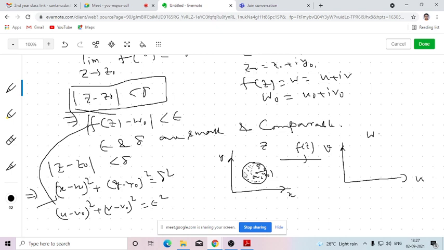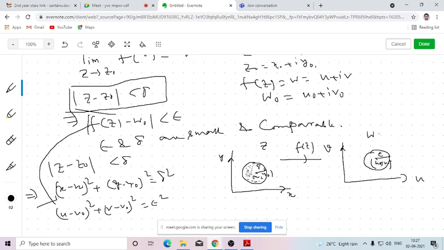If the independent variable in the z plane inside that circle with radius delta and center x0 y0 is mapped to a circle with center u0 v0 and radius epsilon, then we will say that the limit exists.